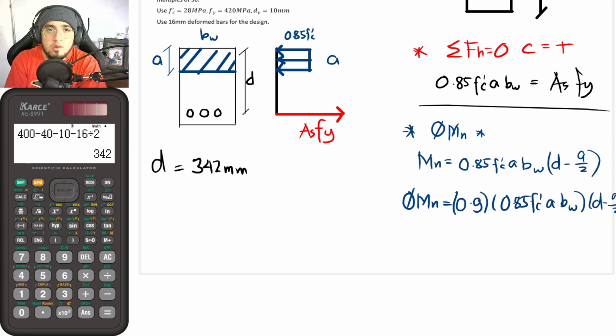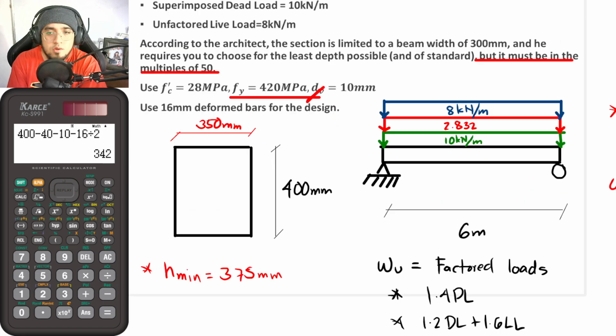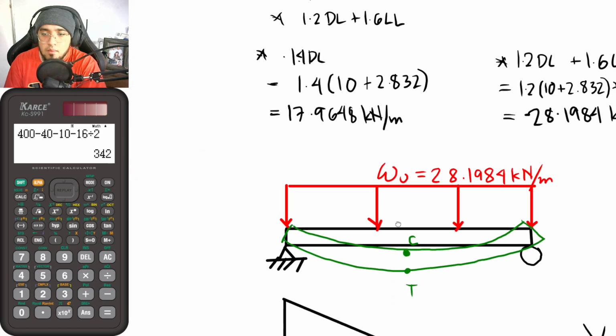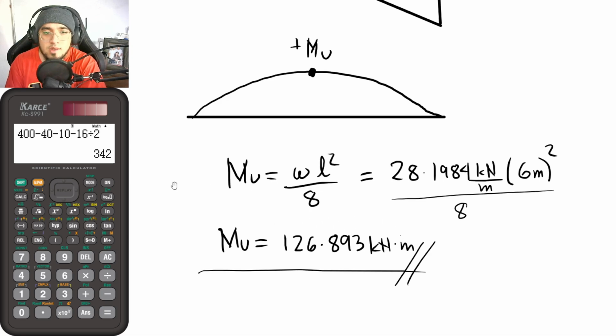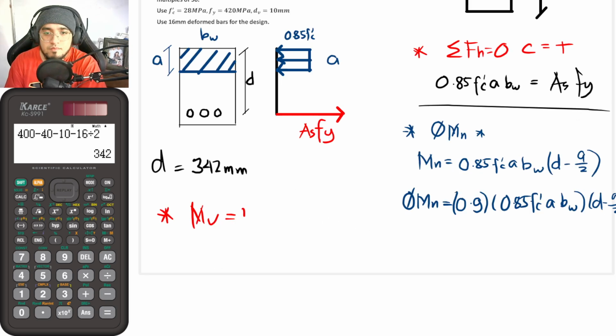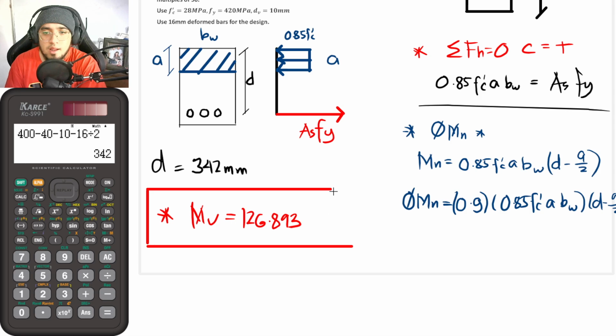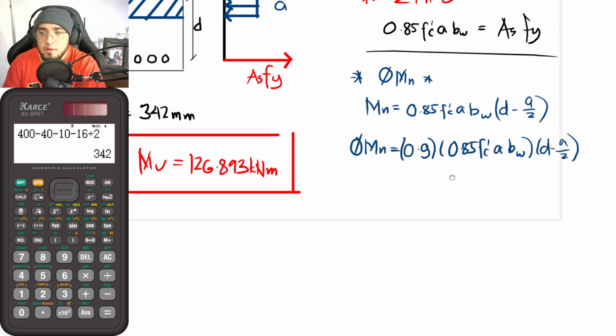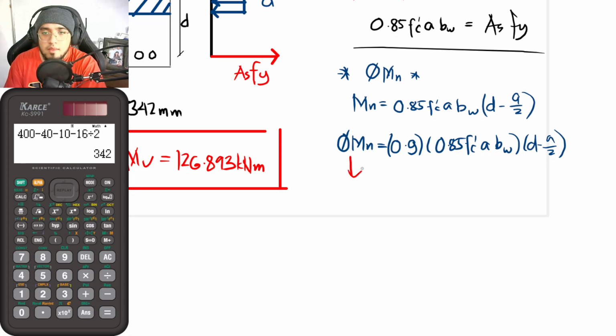According to our solution a while ago, the Mu that we have solved for is 126.893. So I would just box this. Mu is equal to 126.893, but take note that this is in terms of kilonewton meter.